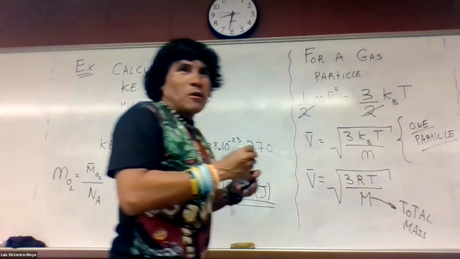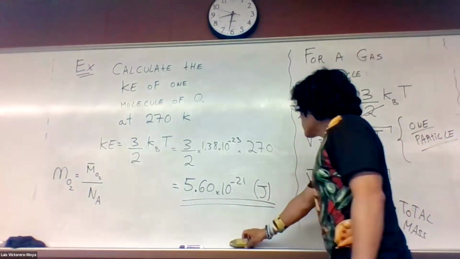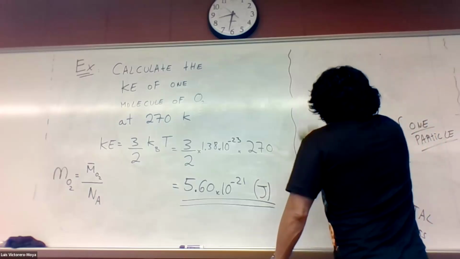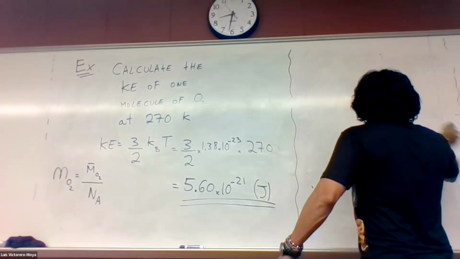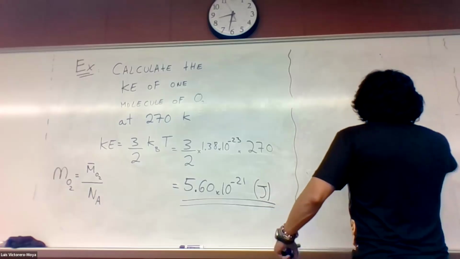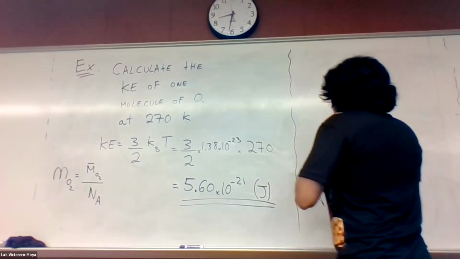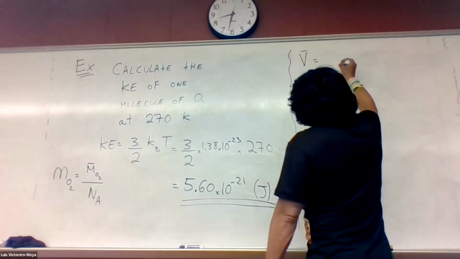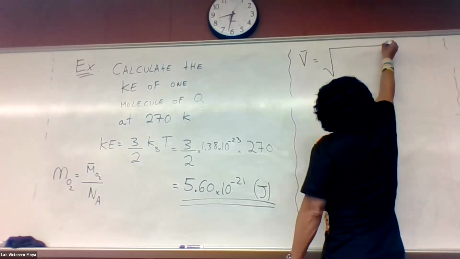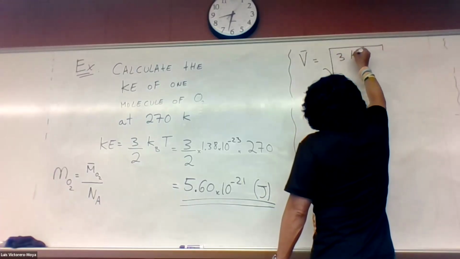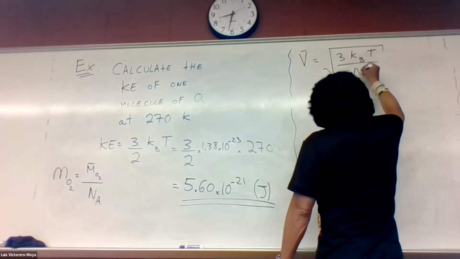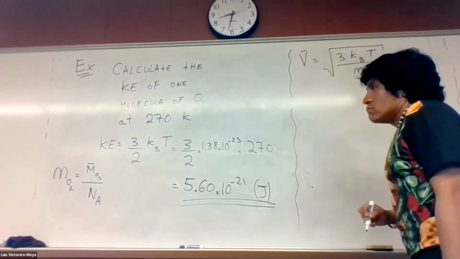So let's use that equation as well. I'm going to find the root mean square velocity of the particle.